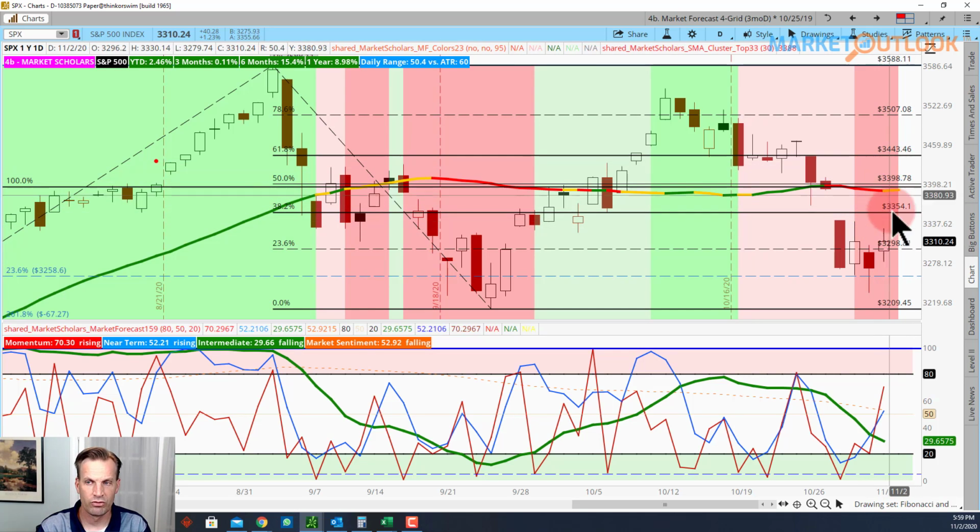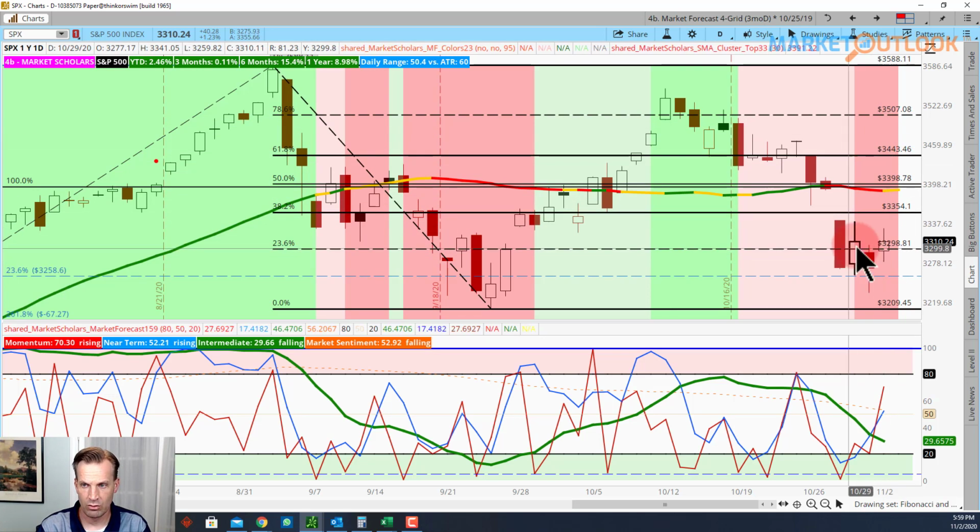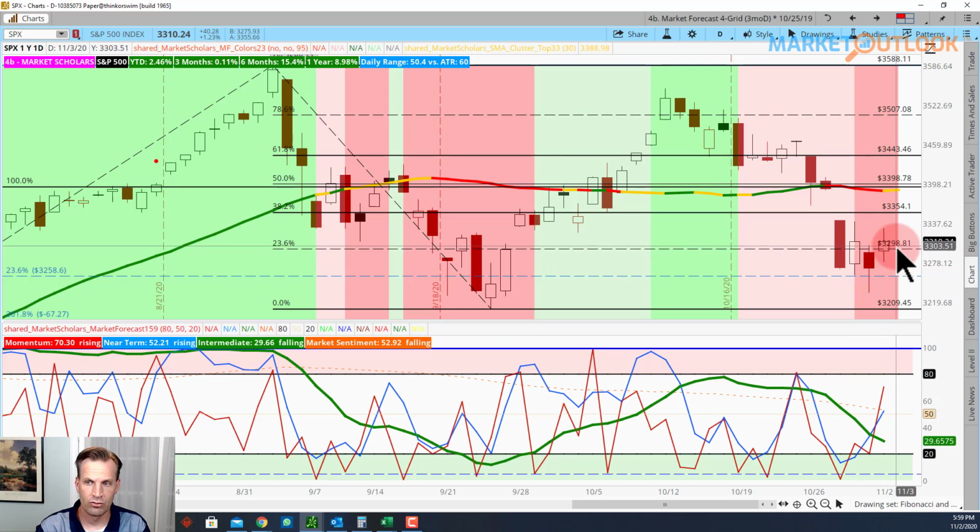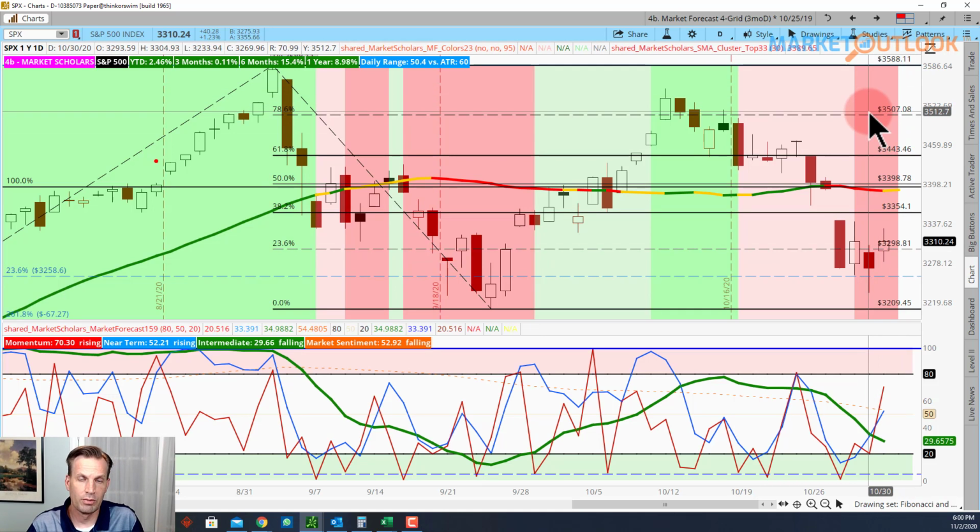I expect that we'll stay noisy until we break one way or the other. And obviously we're leaning towards the downside, so there's a higher probability that we'll break this 23% and hold it before we'll break the 78% and hold it. And of course, I think that's going to be the outcome eventually once we get through this election period.